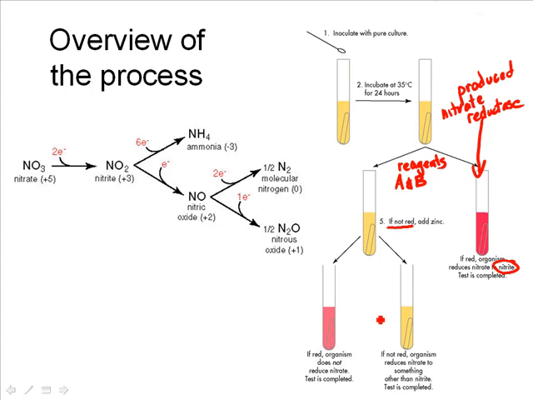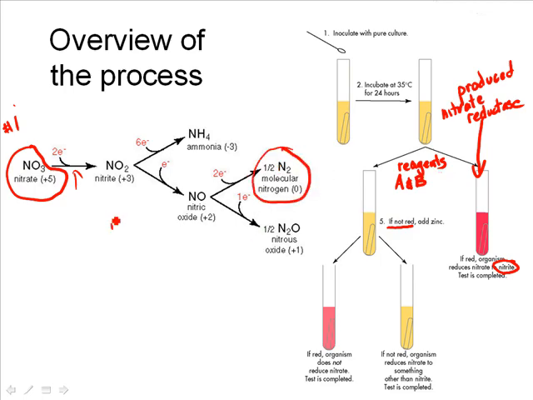All right, let's look here on the left. If it does not turn red, that means either we are stuck as a bacteria, we are stuck here in the nitrate form because we don't have nitrate reductase. So therefore, we're stuck right at the beginning. That's possibility number one. The other possibility is we took the nitrite that was produced using nitrate reductase and we further denitrified it to molecular nitrogen.